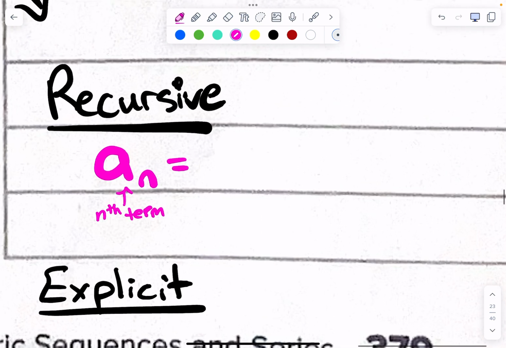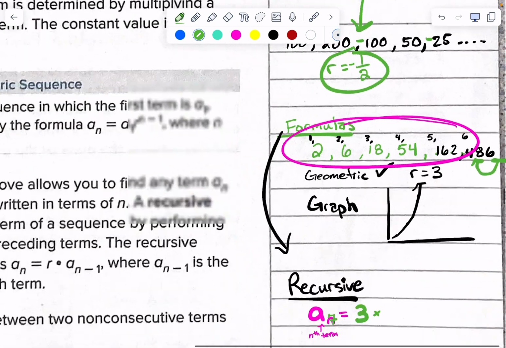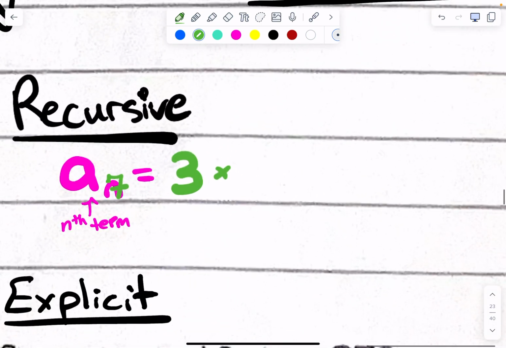So what I do for the recursive formula, if I'm trying to find, let's say, the 7th term, don't write this down yet. I'm going to take 3, which is my pattern, and multiply it by the 6th term, so A sub 6.